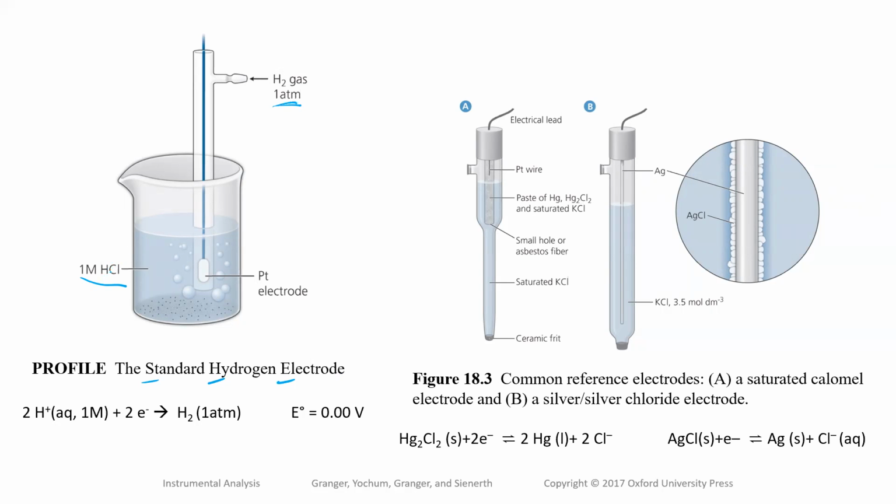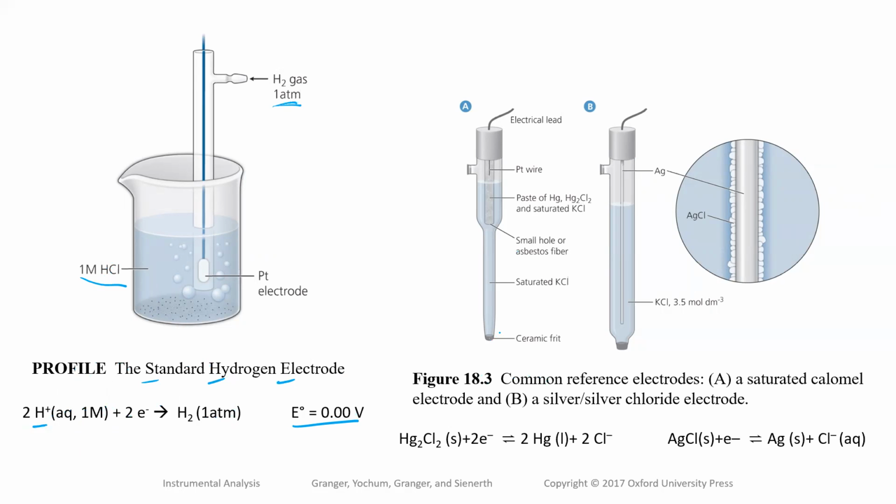I just think it has to be a strong monoprotic acid, because I'm pretty sure that the rule is that it's just H plus, not HCl. But in any case, you have to maintain all of these concentrations, and instead of it being a saturated H plus solution, which is hard or impossible to do, it's 1 molar solution. And so yes, it has a cell voltage of 0, but it's pretty lousy to actually operate.